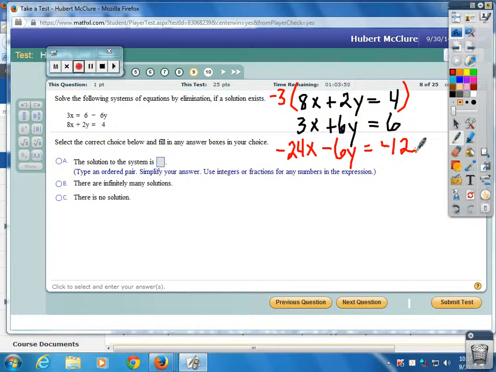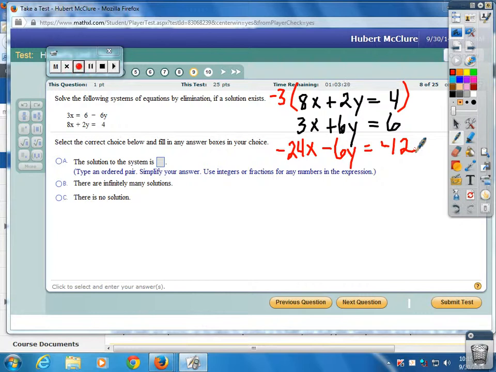So, do I have any coefficients that are the same here? Are they the same? No. Do I have any opposite signs? No. So I've got to make it happen. If I want these two to cancel, I've got to multiply the top by 3 and the bottom by 8. That's 2 numbers. I don't want to do that because that's too much work.